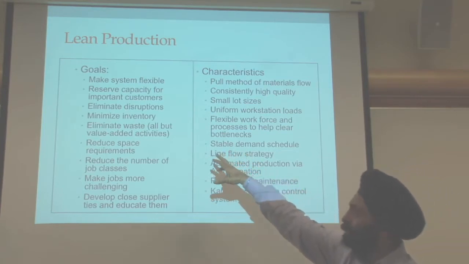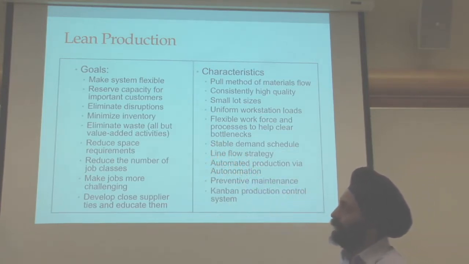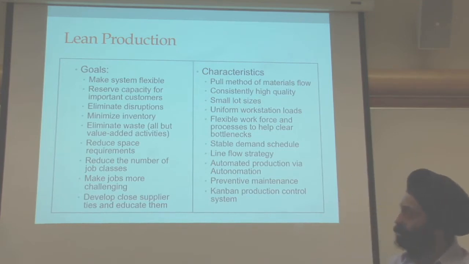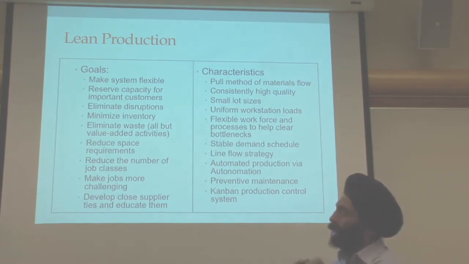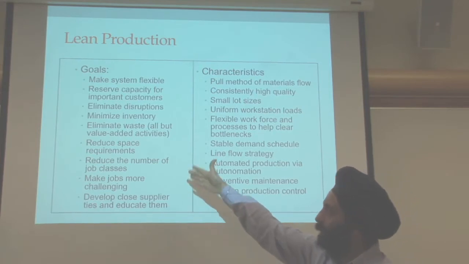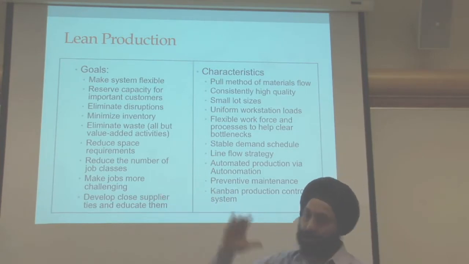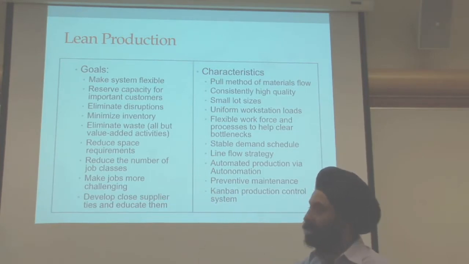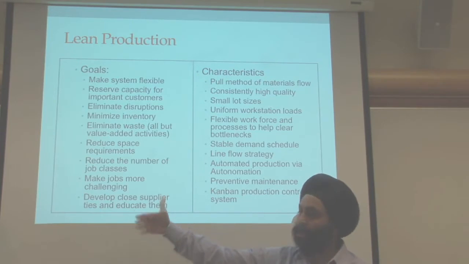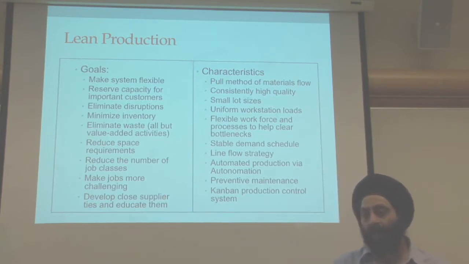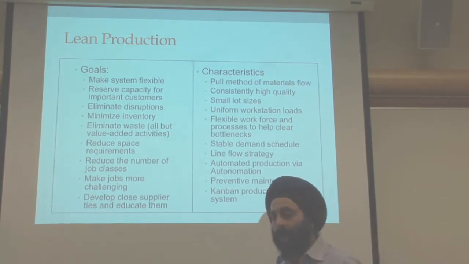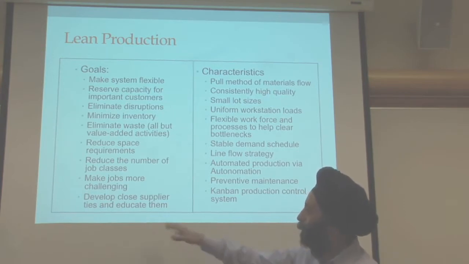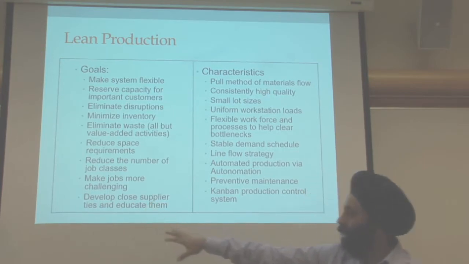Eliminate risk of disruption, minimize inventory, eliminate waste, where any waste is anything but value-added activities. Reduce space requirement as a result of that, reduce the number of job classes to minimize them, so that there is standardization, and make jobs more challenging so that the workers are challenged and they become smarter and more involved in the production process. Develop close supplier ties and educate them.